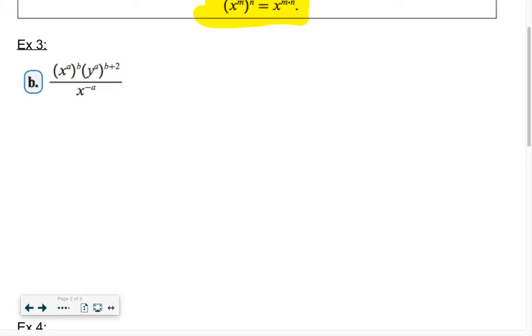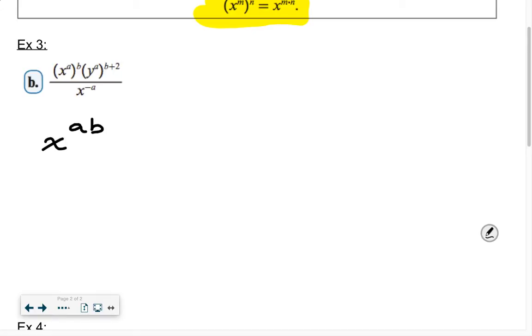Lots of variables, am I right? Stick to your concepts though. If I have a power to a power, what do I do? Well, I multiply. So what do I get when I multiply a and b? Well, I simply get ab.